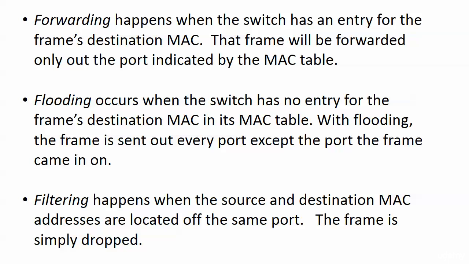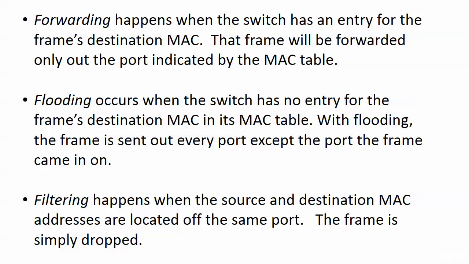So reviewing our 3 decisions here, and when they happen: forwarding occurs when the switch has an entry for the frame's destination MAC in its table, and that frame is going to be forwarded. It will be sent out only the port indicated by the MAC address table. Flooding occurs when the switch has no entry for the frame's destination MAC in its MAC table, and with flooding, the frame is sent out every port except the one it came in on.